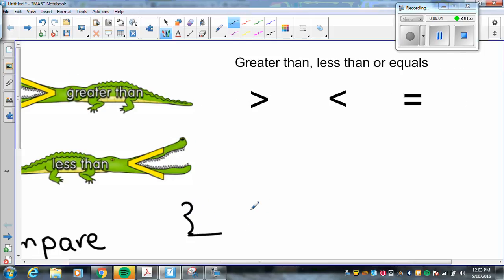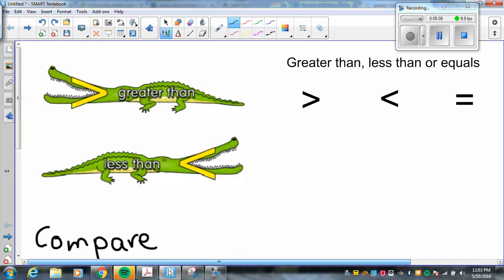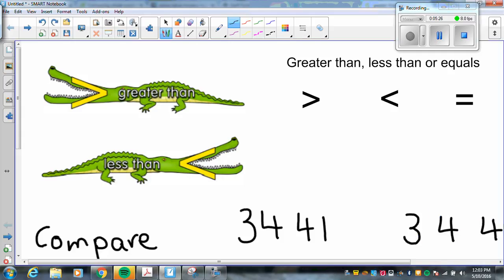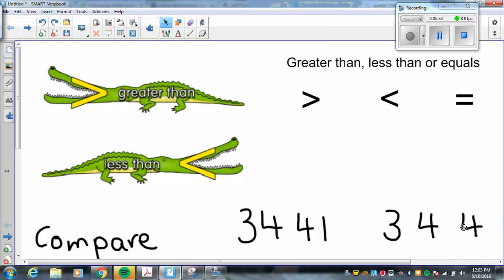We'll try that again: 3,441, and over here we'll have 3,449. Bring that one back over here.